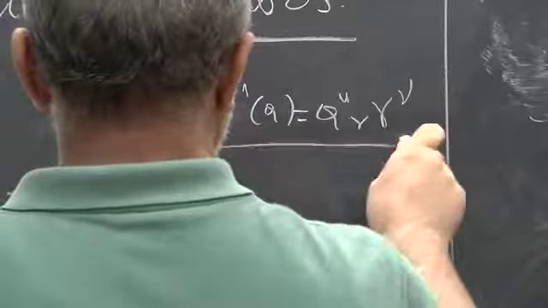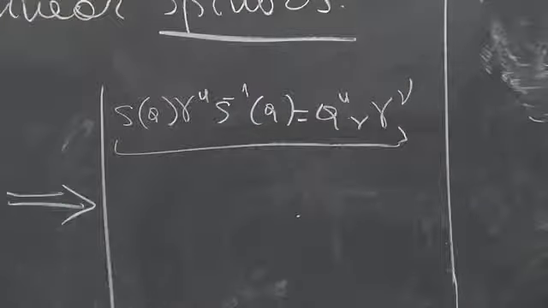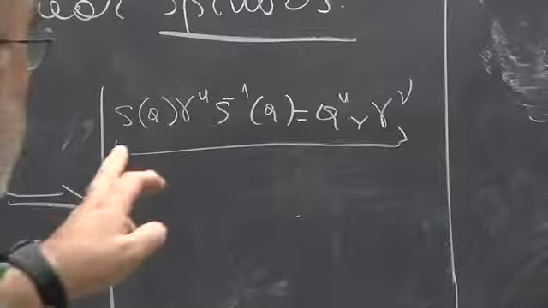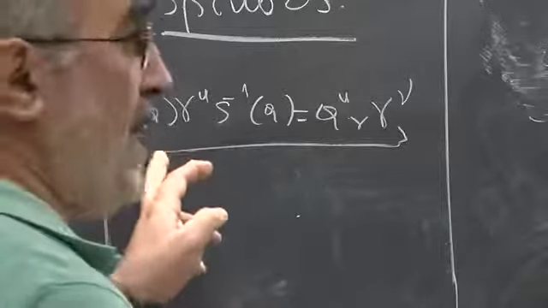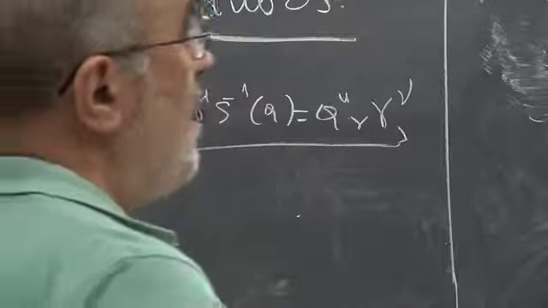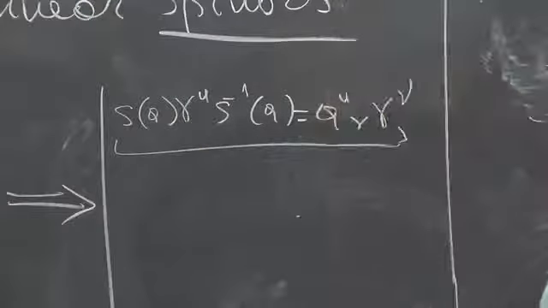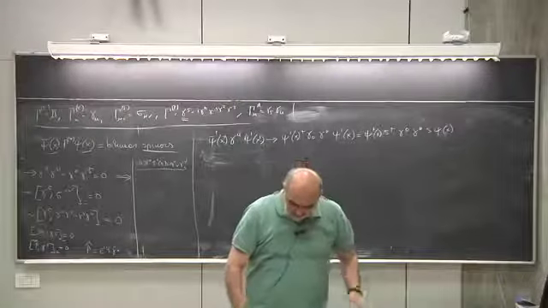Let's remember this was one of the relations that S satisfied, and it was that relation that we needed to have invariance, or covariance, of the Dirac equation. And from this we found the solution for S. You remember this was already 3 or 4 lectures ago.